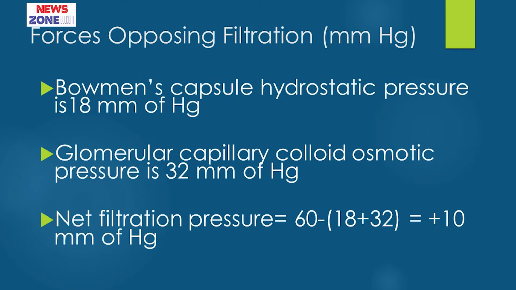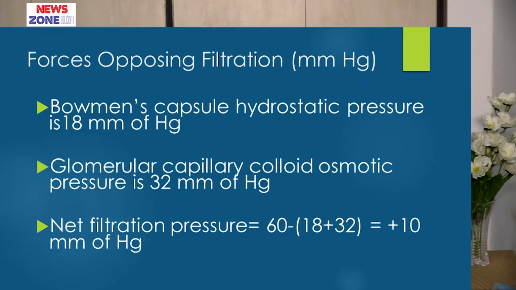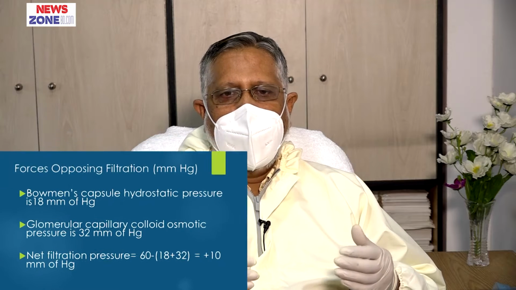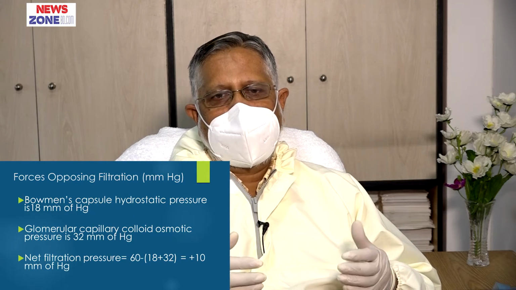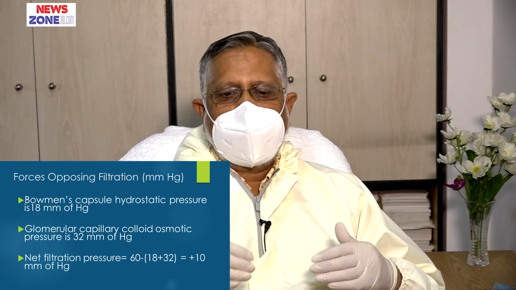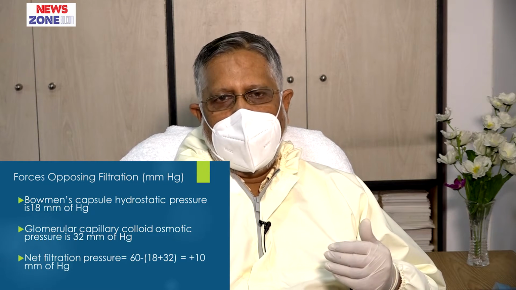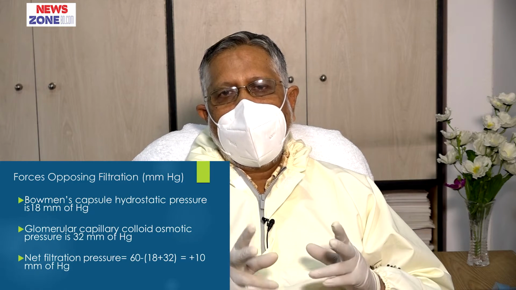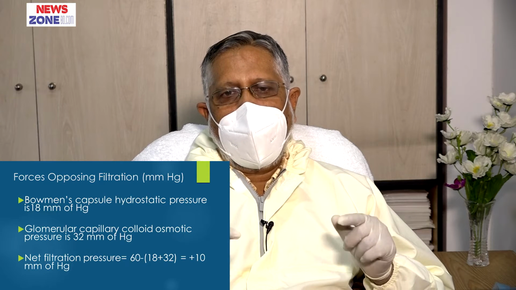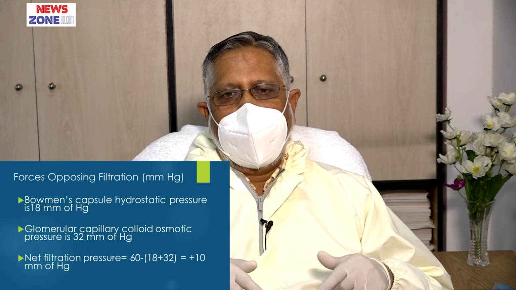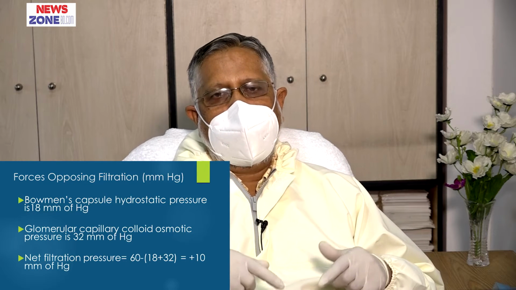Again, when the blood passes from the glomerulus to the renal tubule, it has to cross the Bowman's capsule. Bowman's capsule also opposes the plasma entering the renal tubule, so it has an opposing force of about 18 millimeters of mercury. So you see, there are two opposing forces and one force filtering through the Bowman's capsule from the glomerulus to the renal tubule.